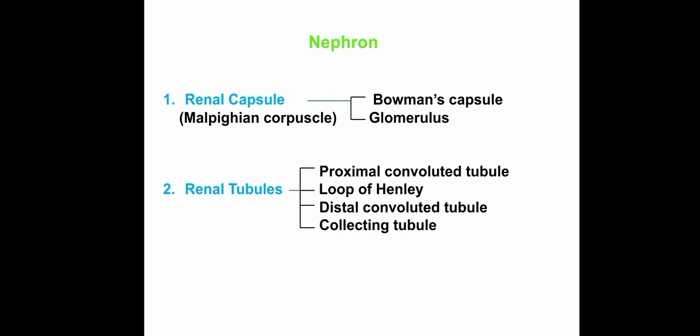After that, the filtrate is passed through the renal tubules, and the rest of the blood goes back out of all these nephrons and circulates throughout the body. This goes on throughout the person's lifetime.